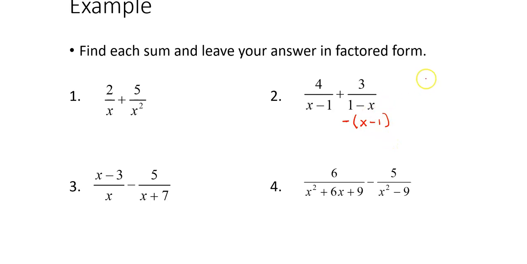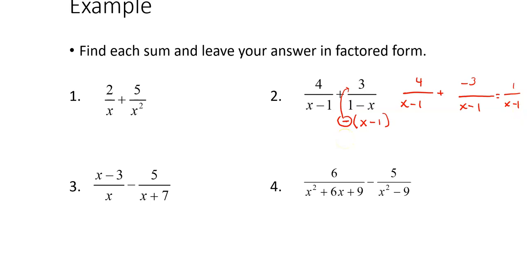So what if I rewrote the problem as 4 over x minus 1 plus, instead of putting that negative on the bottom, let's transfer it up to the top. Make it negative 3 over x minus 1. And now look at this. 4 plus negative 3 is 1 over x minus 1. Right, so make things simple if possible.